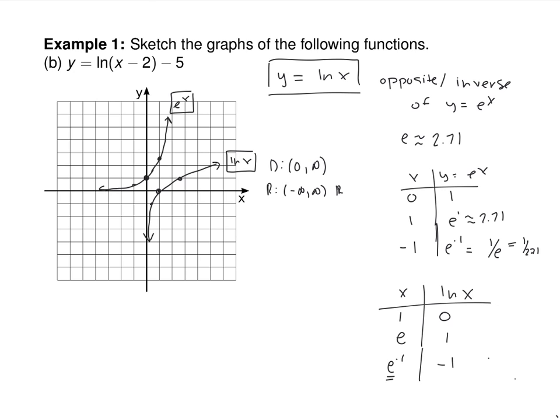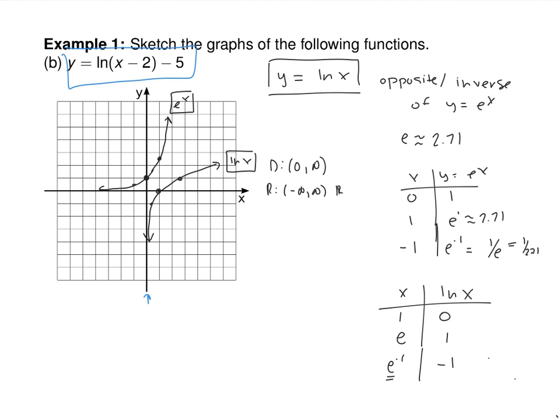Okay, so step 1 is what does the parent look like? And then step 2 is graph the function itself. So now that you have this parent, how will you shift it? It'll go to the right 2 and down 5.